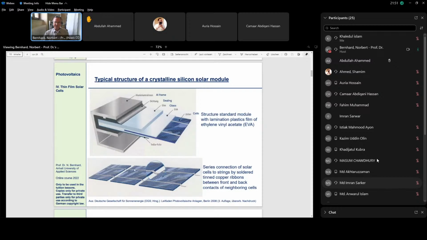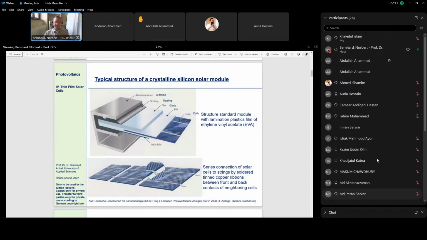This is usually tinned copper ribbons, and you see they always go from the front side of one cell to the back side of the other cell. And they're just soldered to the bus bars on the front side and to the solder pads at the back side. And it's clear that this is an electrotechnical series connection, what we see here.